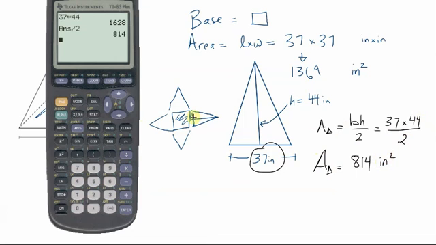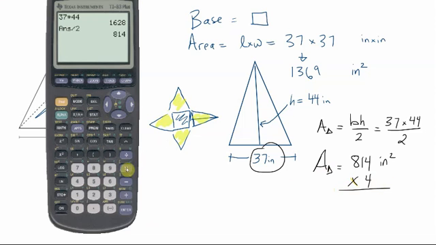It's important to note that not only do we have one triangle, we've got 1, 2, 3, 4 of them. So we're going to take the area of one of them and times that by 4 to account for the fact we have 4 areas on the outside.